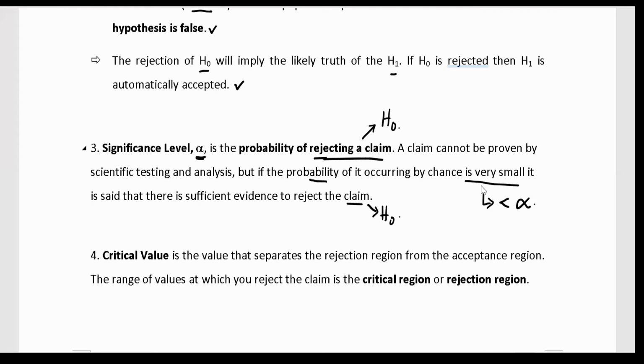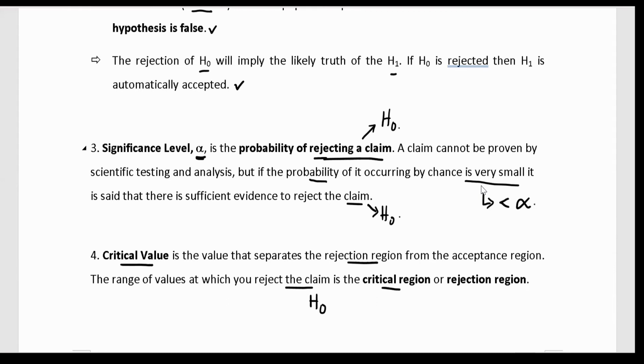Another value that we need to know of is the critical value. It's the value that separates the rejection region from the acceptance region. So the range of values at which you will reject the H0 is the critical region or rejection region.